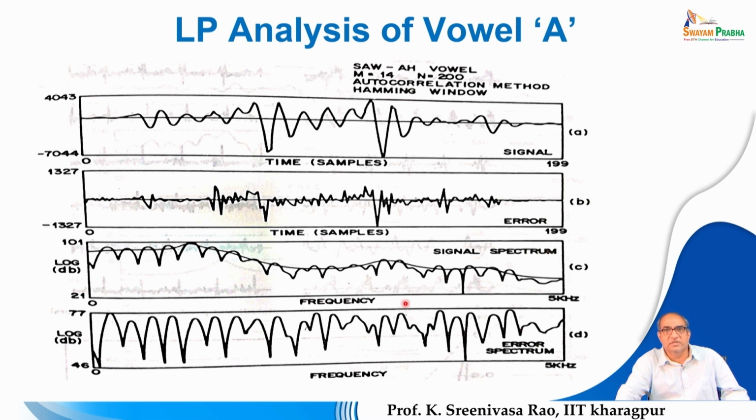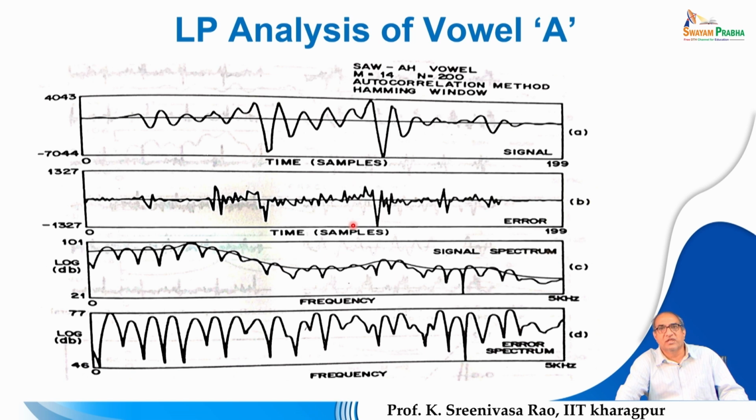These ripples are basically due to the excitation, because the excitation contains periodic pulses and noise. The noise will be reflected as the contribution by all frequencies, and the ripples are because of the periodicity.